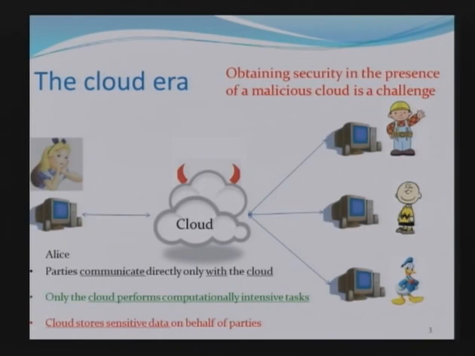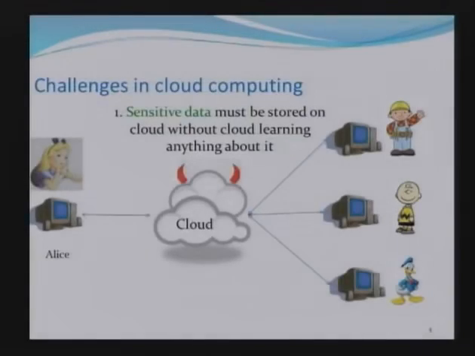So if we trust this cloud with all our secrets, everything is fine. It's very easy to execute whatever we want to, but if we don't trust this cloud, what happens? Today I'll try and give you some issues that come up and how we can maybe solve some of them. Okay. The number one challenge, as you might imagine, is we would like to store sensitive data on the cloud without the cloud learning anything about it.